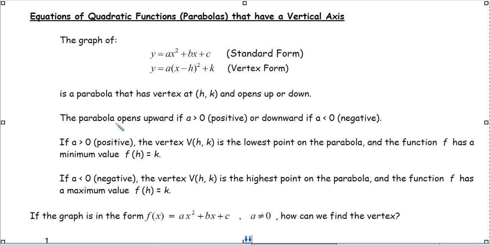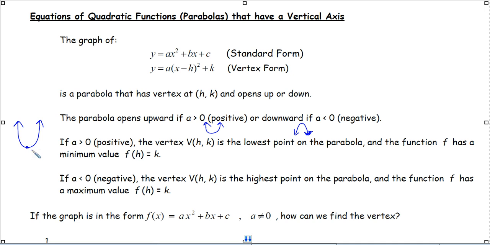A parabola opens upward if a is greater than 0. That just means positive. Remember, a is in front of the x squared. So if it's a positive x squared, it opens up, and if it's a negative x squared, it's going to open down. Keep it simple. If a is positive, the parabola opens up.